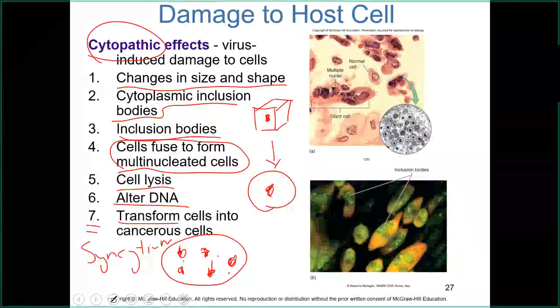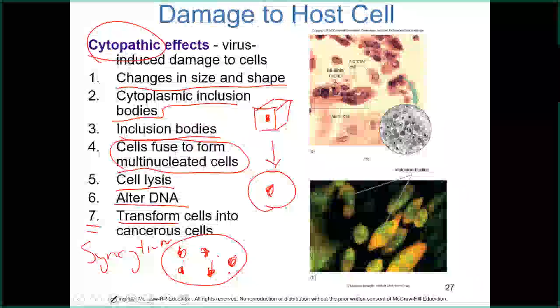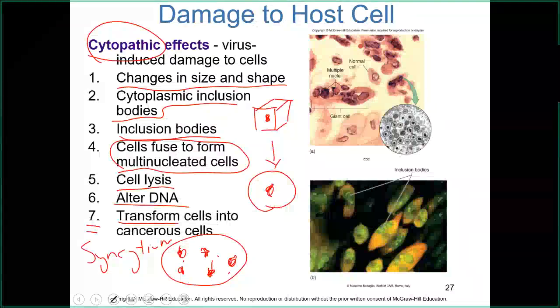And there are a number of viruses that can do this. There are some people who are seriously considering the possibility that all cancers have a viral origin somewhere along the way. There's research looking into that. But we know for sure that human papillomaviruses, those that cause warts, of which there's a bunch of different ones, are DNA viruses.